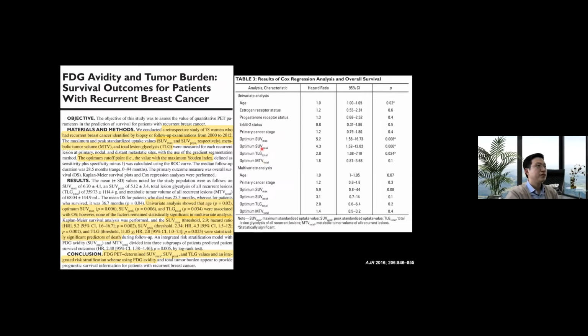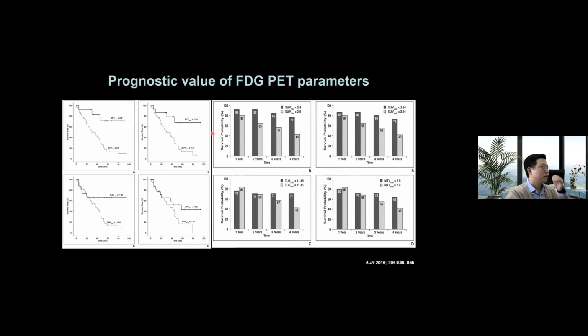In univariate analysis, the SUV peak and TLG were predictive of prognosis, but in multivariate analysis, they were not independently prognostic. But in univariate analysis, those FDG PET parameters showed a very nice prognosis stratification. And you can see the worst prognosis in the patients with higher SUV max or peak or TLG or MTV.